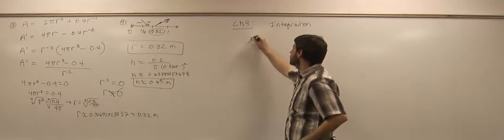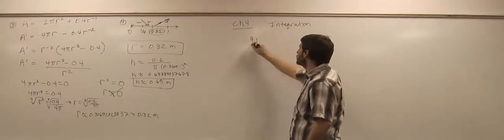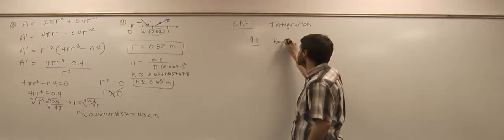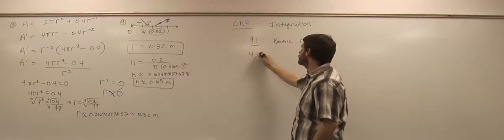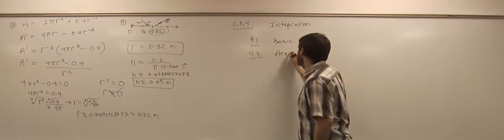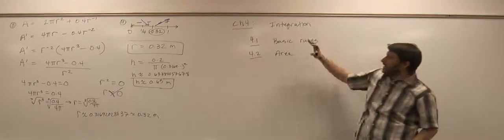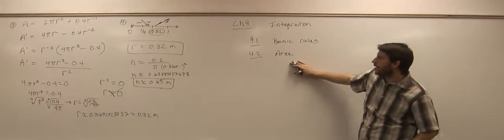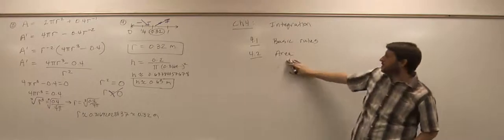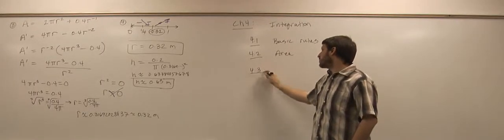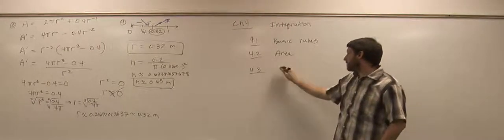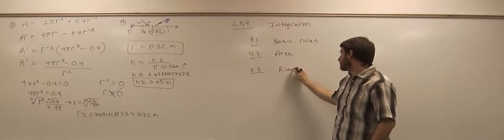Sort of the way it breaks down. For 4.1 we talk about the basic rules of integration. For 4.2 we talk about area. It turns out that integration actually measures an area, so we need to talk about area under a curve for a bit. 4.3 is about Riemann sums.